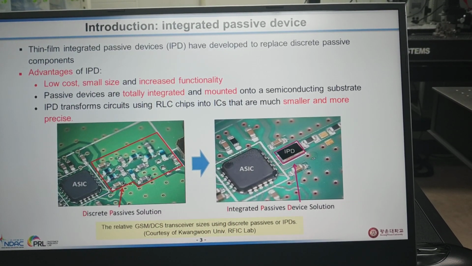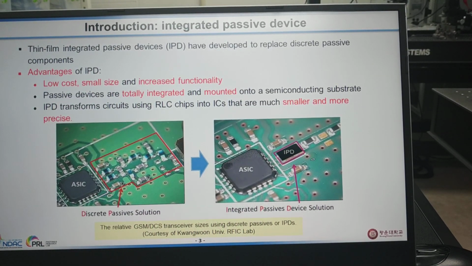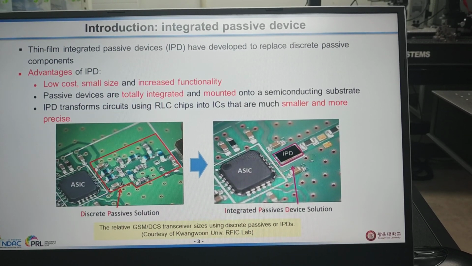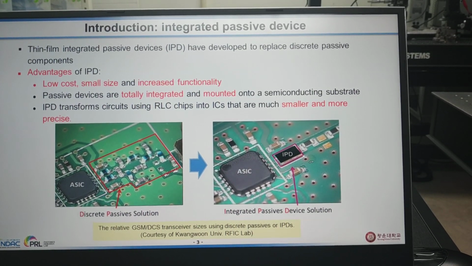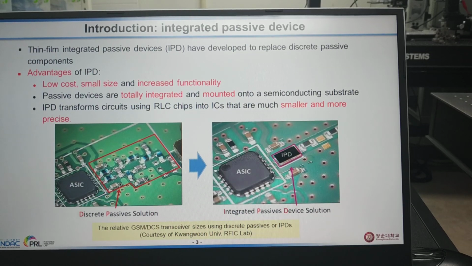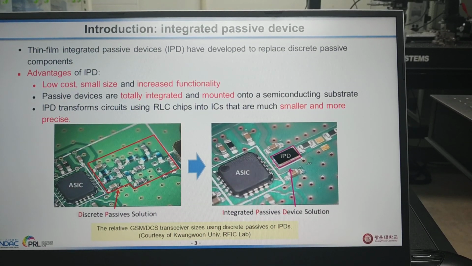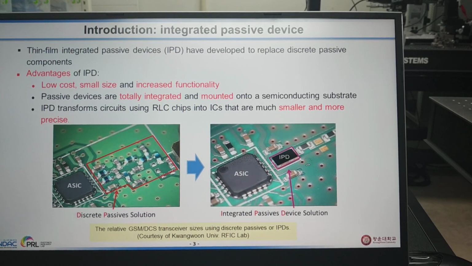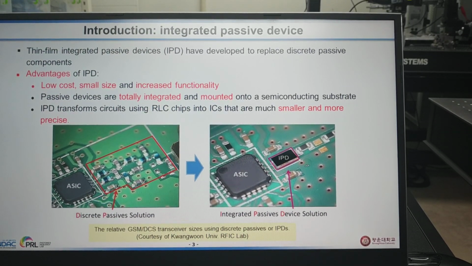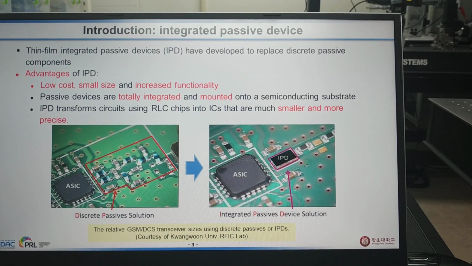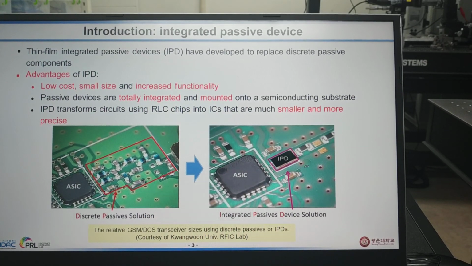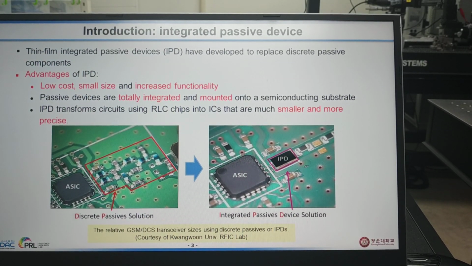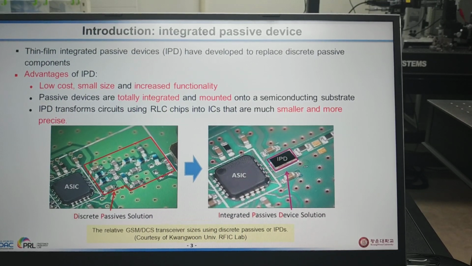The second one is that passive devices are totally integrated and mounted onto a semiconducting substrate, and IPD transforms circuits using RLC chips into ICs that are much smaller and more precise.